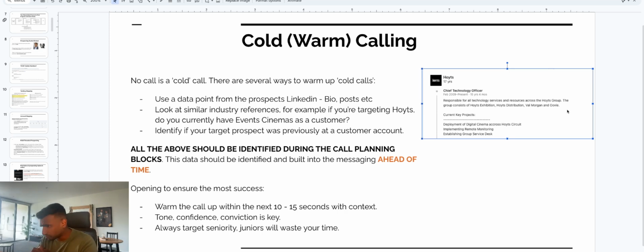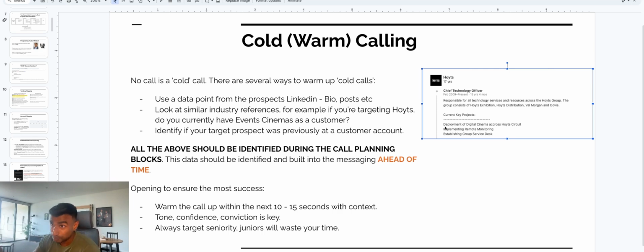They've got all the cinemas, a cinema chain and entertainment company. This is the chief technology officer of Hoyts, and I could literally see his current projects: deployment of digital cinema, implementing remote monitoring, and establishing group service desk. He has literally told me his projects on his LinkedIn.